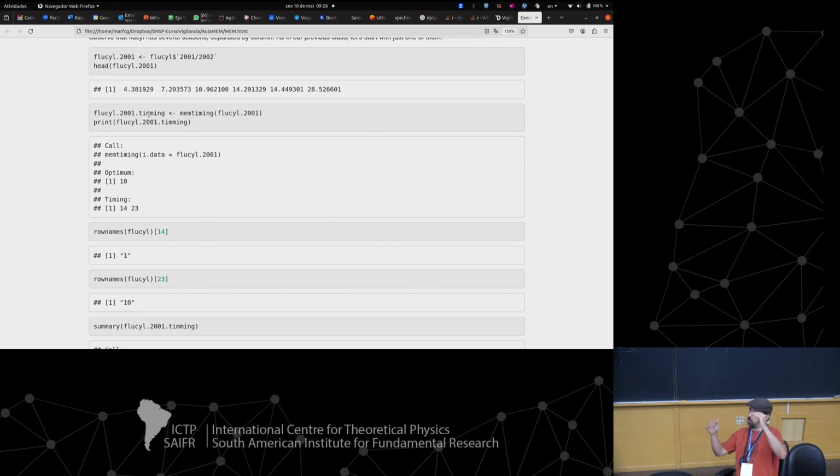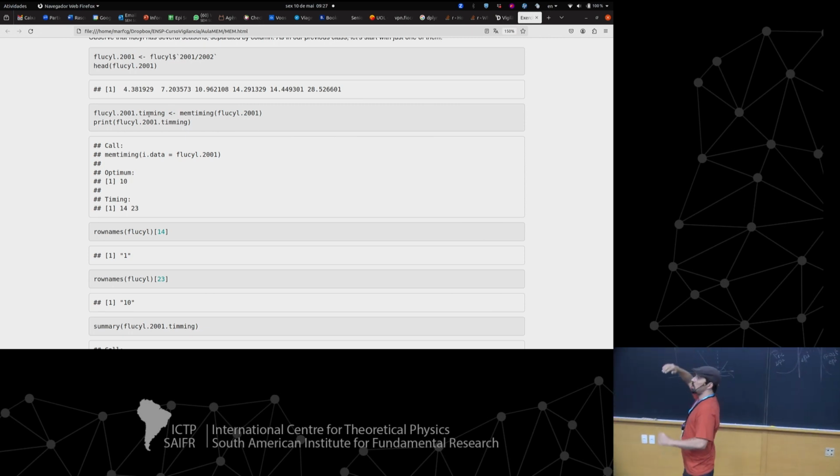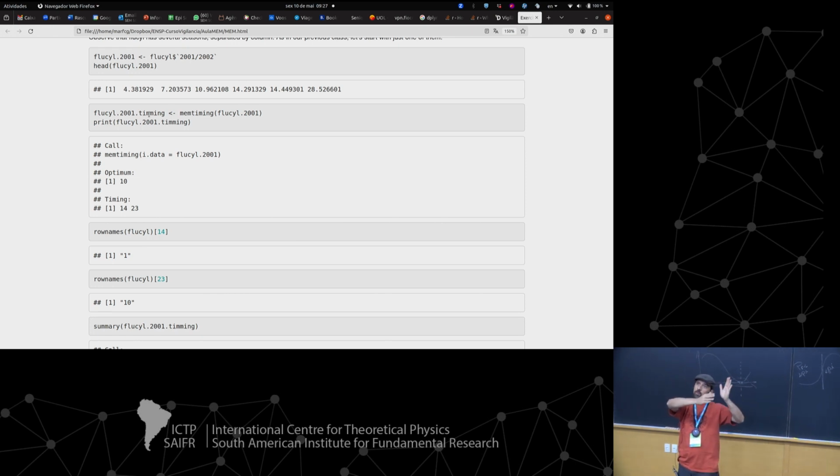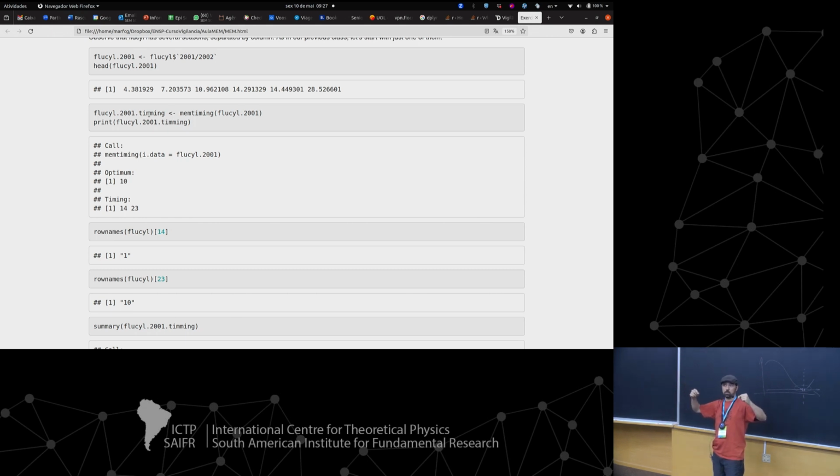So now, in this data set, FluSeal 2001, each row has only the index of the entry, from 1 all the way to the number of observations, which is not the label associated with the occurring week related to that row, right?